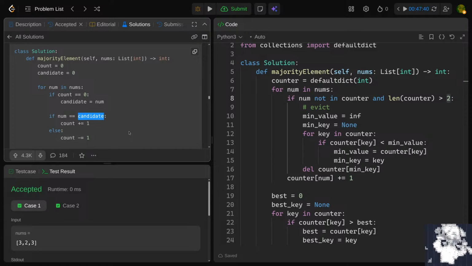This is making sense to me, because you can't spread out the non-majority elements in a way that will make you not find the count. Because if you try to swap it out at the end, it's going to be too late because your candidate has already been taken.